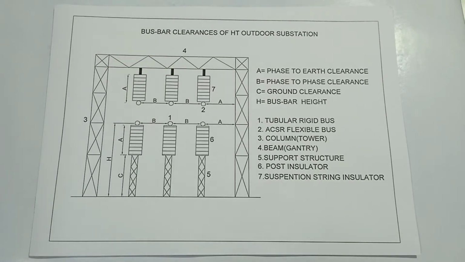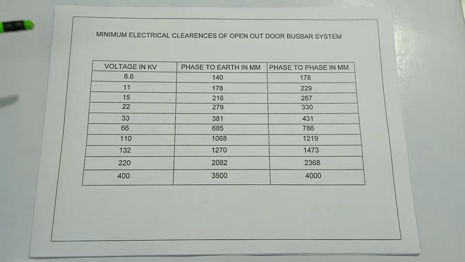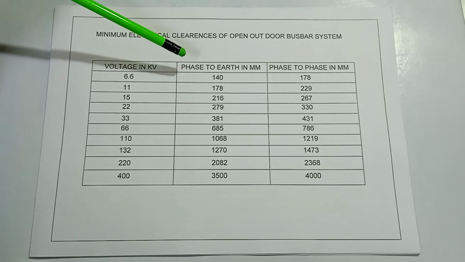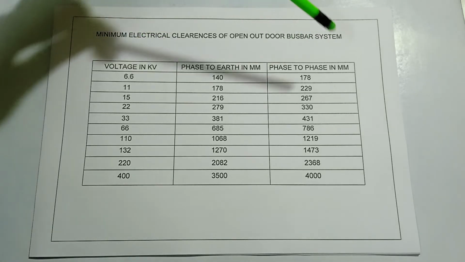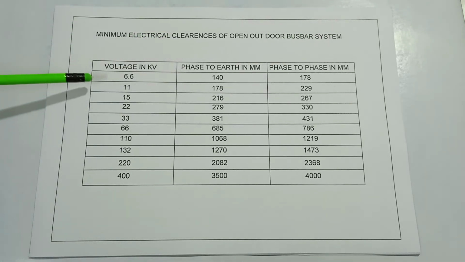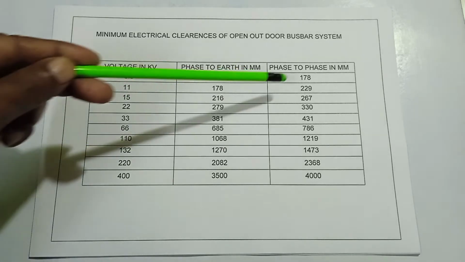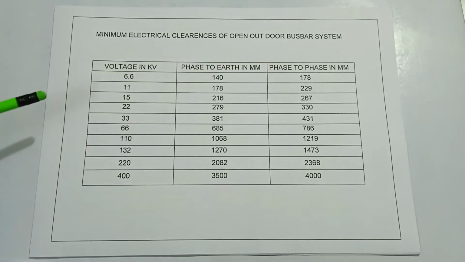Okay, next. Here are the minimum electrical clearances of open outdoor busbar system. First, 6.6 kV phase to earth in mm, phase to phase in mm: 140 and 178 mm.